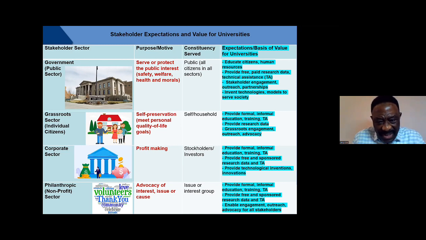Same thing with the corporate sector. Inventions, and you look at all the so-called next generation technologies, it's all about what the corporate sector can take to the market, sell, make a profit, and if you are lucky, they come back to your university with some research grant. If not, forget it.